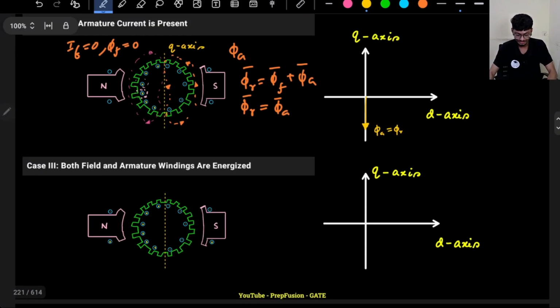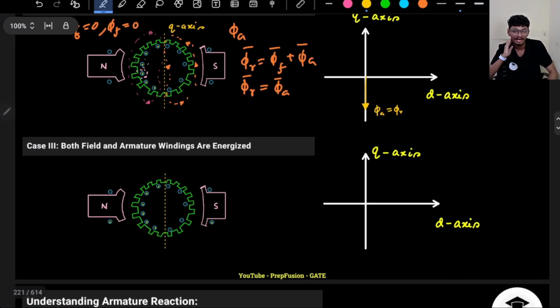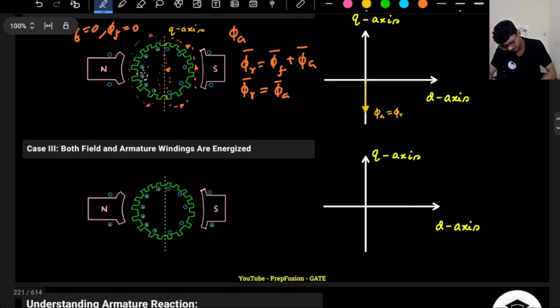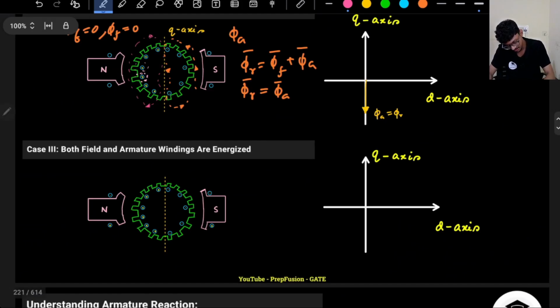Now let's discuss if both the field winding and the armature winding are energized. Same thing, right? Due to the armature currents, the direction of the current in the right hand side conductors will be like this, correct?